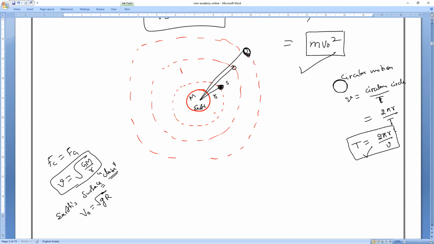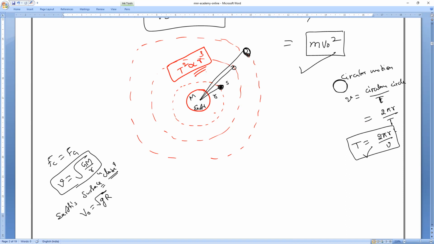Kepler's third law: the square of the time period of any planet is directly proportional to the cube of the average radius between the planet and the sun, or the Earth and the satellite, whatever it is. So for every planet, it remains constant. Am I right, guys?